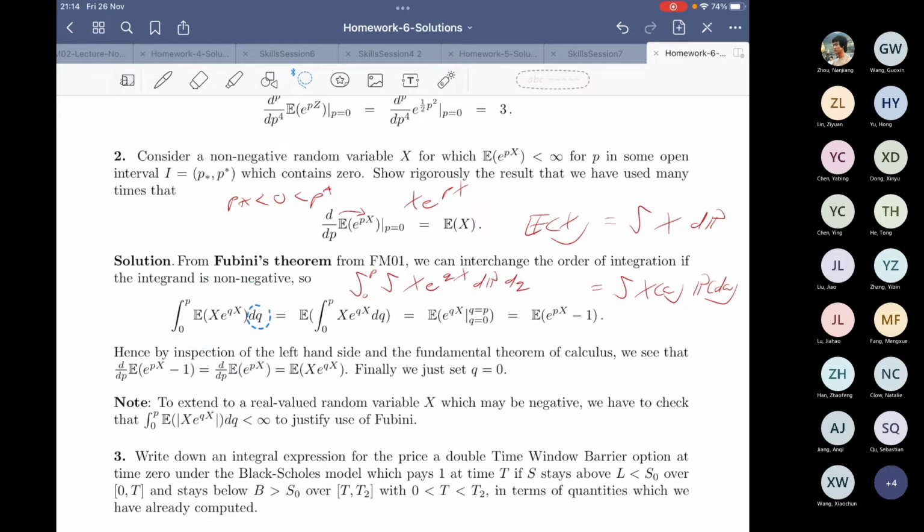The outer integral is an integral with respect to the Lebesgue measure, and the inner integral is an integral with respect to the measure dP. But don't worry too much about it. All I'm saying is that we can interchange the integral here and the expectation there if this thing is non-negative. So then we can just evaluate this integral inside the expectation.